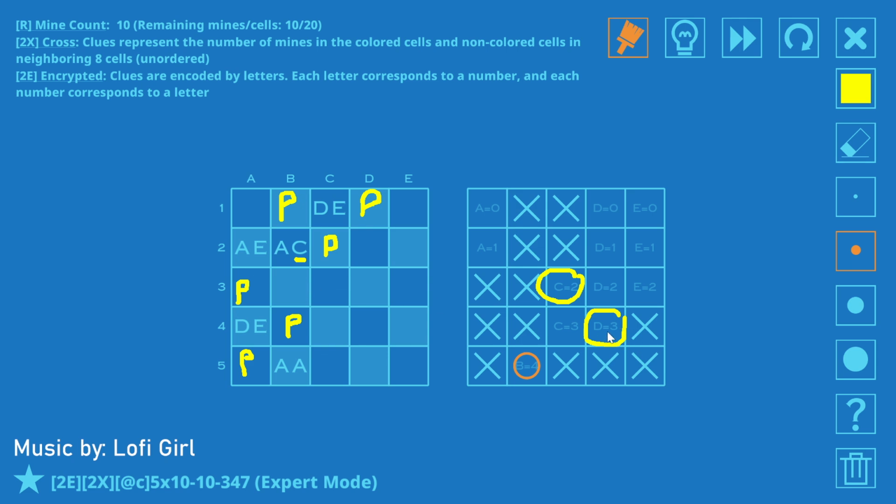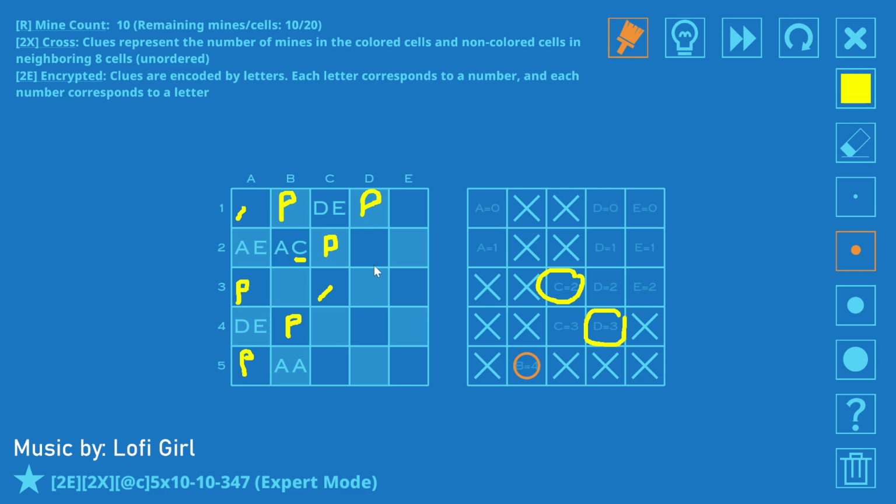Because given that D is 3, we now have this situation, which we figured out because D must refer to the only color that can have 3. A now has to refer to darks for this clue because A can't be 2 or more. And if A refers to dark and already has 1 mine in it, it can't have more mines because it can't be 2 or more. So none of these dark cells are mines.